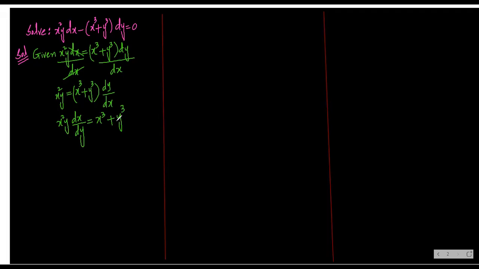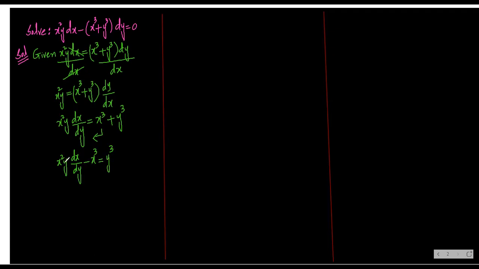Okay? x square dx by dy is equal to x cube plus y cube. If you take this side, x square dx by dy, this term will come here and become negative. This is minus x cube is equal to y. Minus y, the x cube term we have taken that side. Okay now?